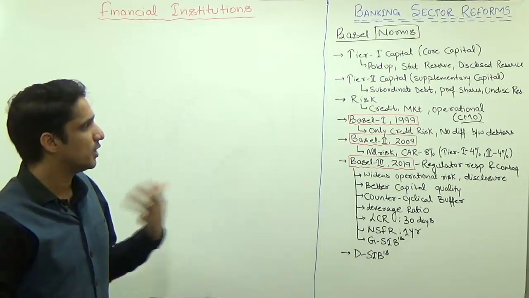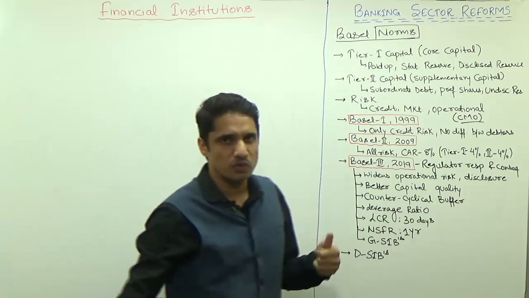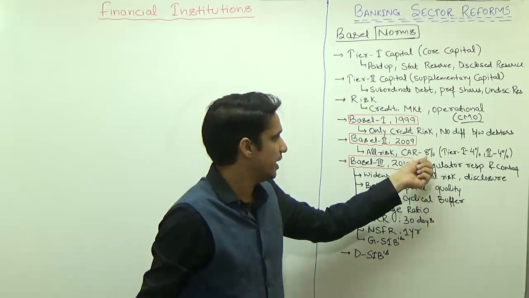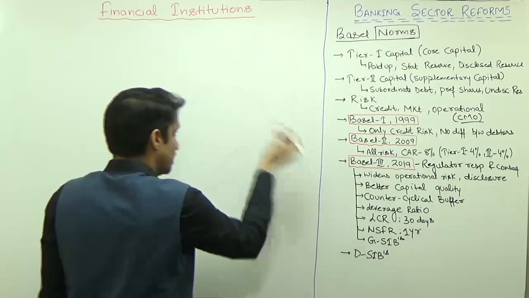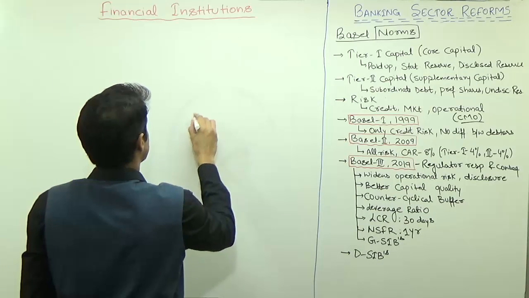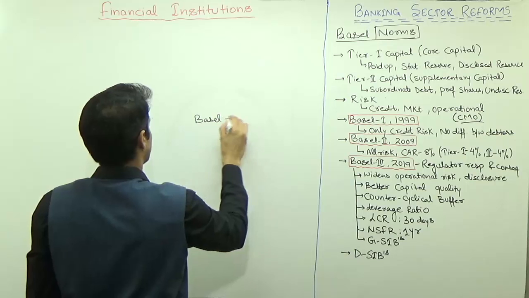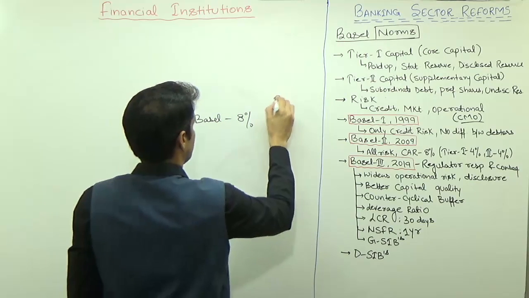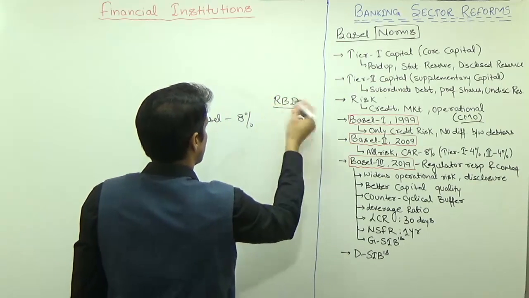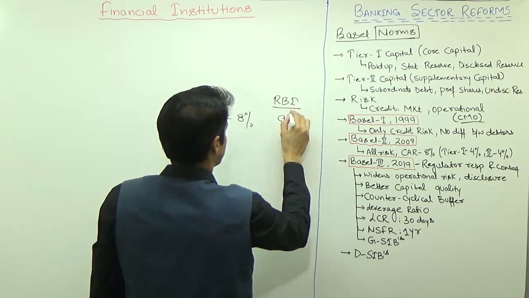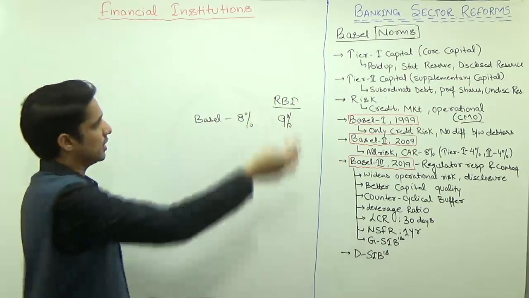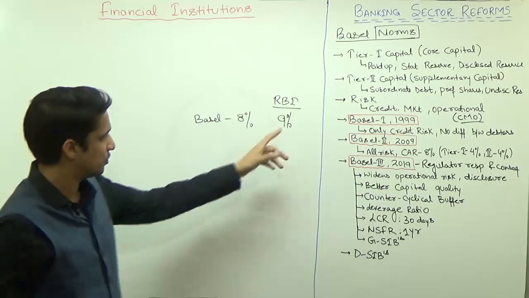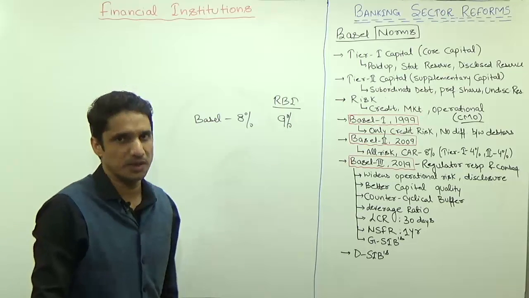And the capital adequacy ratio, its stipulated value, was 8%. But within India, Basel said it should be 8%, but RBI, our domestic regulator, said it should be 9%. So for banks in India, they have to fulfill 9% only.